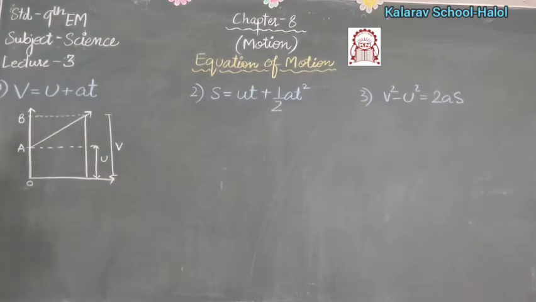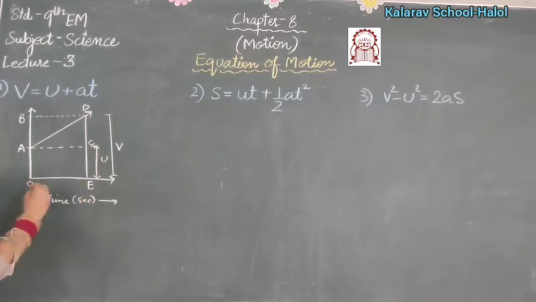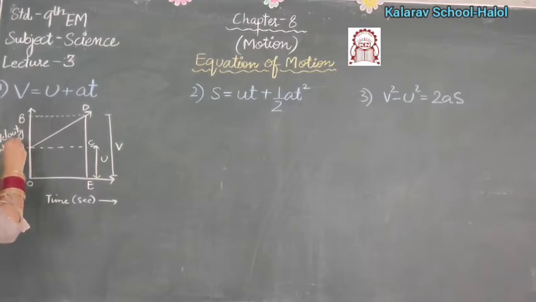I will consider point C here and point D here. Here is E, on the time axis, where time is in seconds, and the velocity is in meter per second along the y-axis.